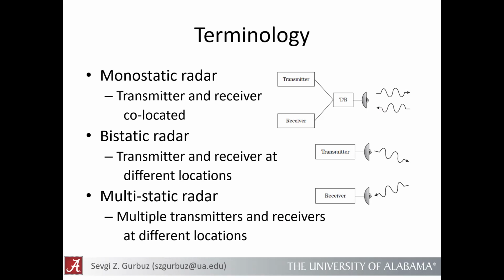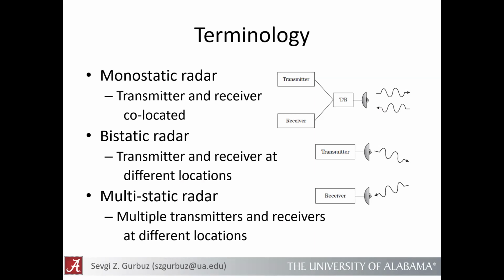In contrast with what you would get if you had a bistatic radar, where your transmitter and receiver are located at different locations. When later on we talk about target detection, you'll see that the position of the transmitter relative to the receiver actually does have an important impact sometimes on our ability to detect targets.